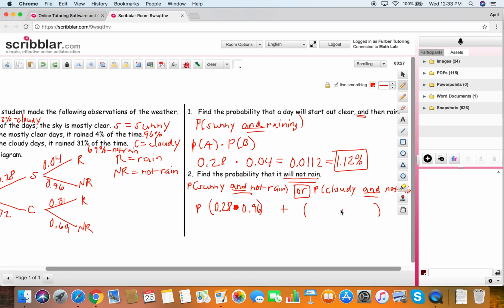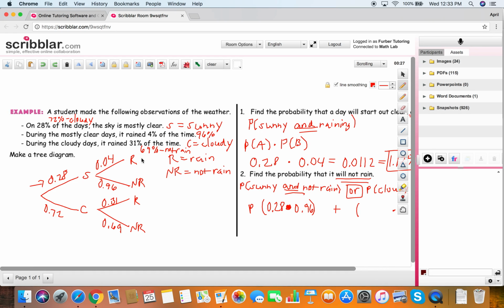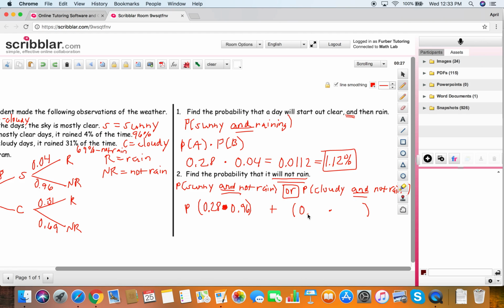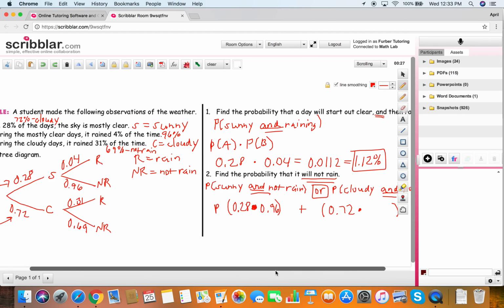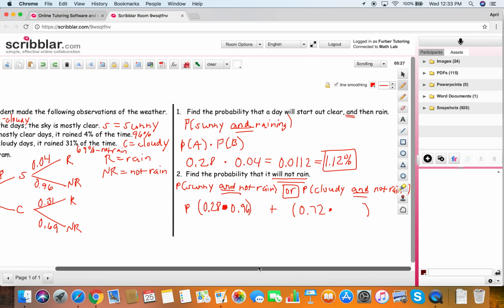Then I'm going to add that to the probability that it is cloudy and not raining. Well, the probability that it is going to be cloudy is 0.72, so it's pretty cloudy in this particular location. Times, I want it to be cloudy and not raining. The not raining part is the 0.69.